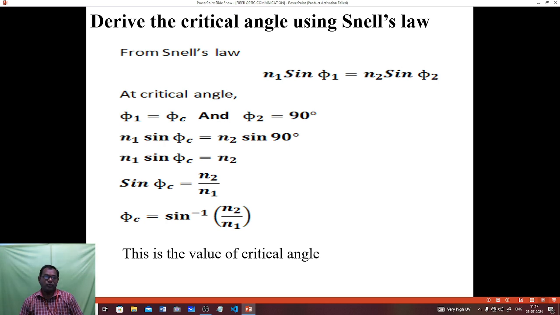Substituting the values of phi 1 and phi 2 in the above equation, n1 sine phi c equals n2 sine 90 degrees. Here sine 90 degrees equals 1, so n1 sine phi c equals n2. Then sine phi c equals n2 divided by n1, and phi c is equal to sine inverse of n2 divided by n1. This is the value of the critical angle for fiber optic communication.